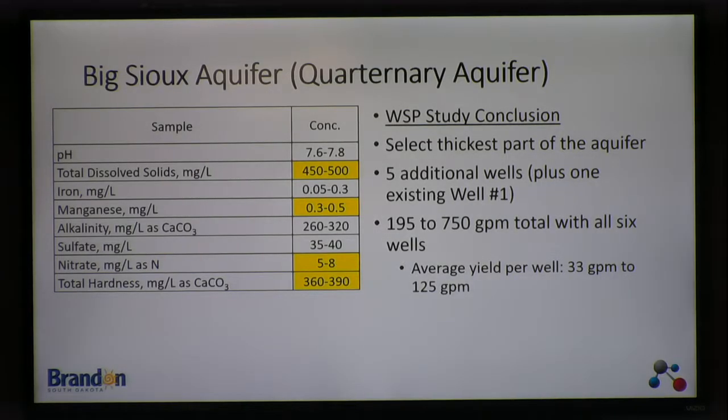Okay, so what about the characteristics of this? In terms of water quality, you can see the dissolved solids, the iron and manganese, the nitrate and hardness. Now, the Big Sioux Aquifer has a nitrate influence, and it's not unreasonable to think that some of that influence may come from the Big Sioux River, given that we're downstream, but it can come from other naturally occurring sources of nitrogen.